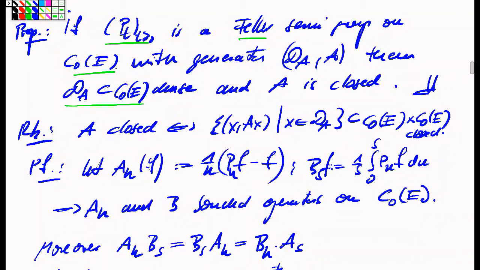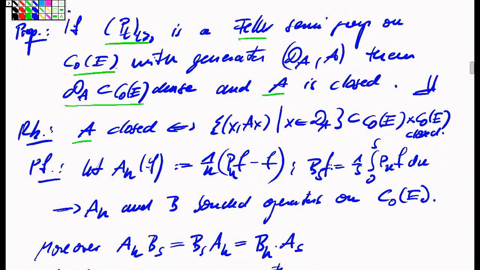That is not a coincidence. That's a general property of generators of Feller processes. That's the first part of this proposition. And the second part of the proposition is that the operator A itself is closed.